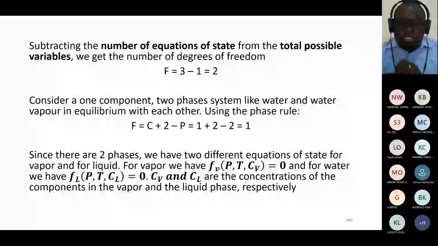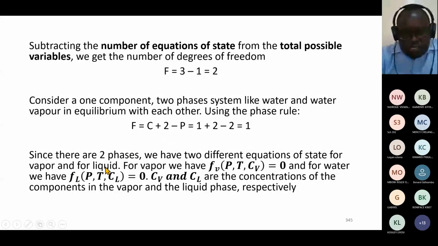phase rule, we have to consider that there are 2 phases in this system. So for each phase, there is an equation of state. So for 2 phases, that means you have 2 equations. So you have equation of state for the vapor phase and for the liquid phase. For the vapor phase, we can represent the equation of state as this one.